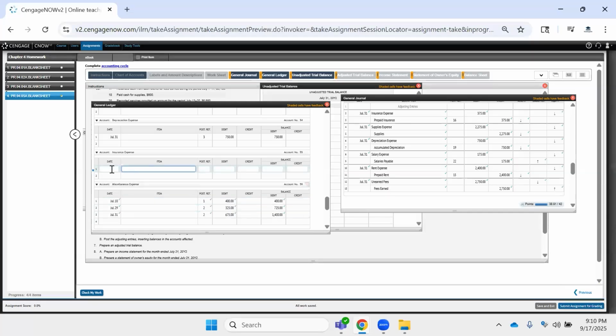Insurance, we expired. We have to make sure to enter our account numbers here. Fees earned was 41. Depreciation expense 54. Insurance expense is 55. And we expired $375 of insurance.